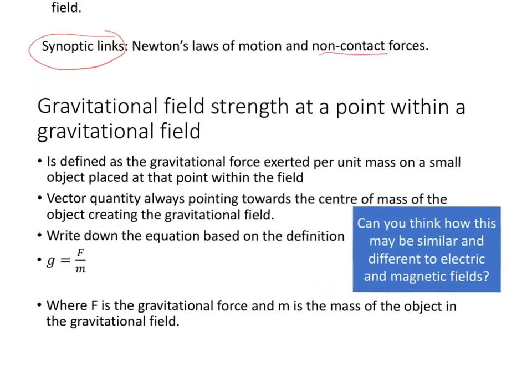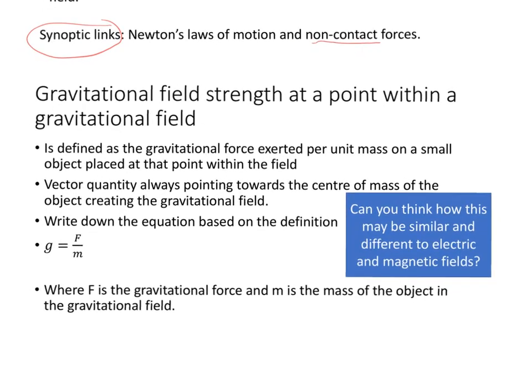So let's go first to define what a gravitational field strength is. Now, we define it as the force exerted per unit mass at that point within the field. So if this is the Earth, and I placed a little mass near it, then the gravitational field strength at this point exactly will be the force exerted per unit mass on the small object placed at that point within that field.